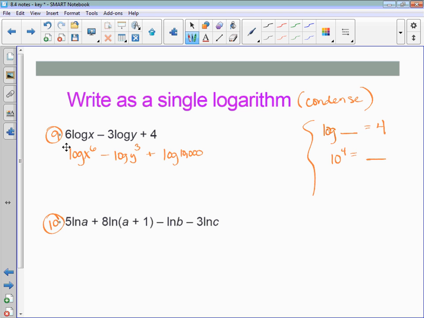It's going to be x to the 6 over y cubed. But where does the 10,000 go? Numerator or denominator? Numerator. It's not negative in front of it, right? Okay, so it goes in the numerator. So this is really log of x to the 6th times 10,000 over y cubed. That is your final answer.